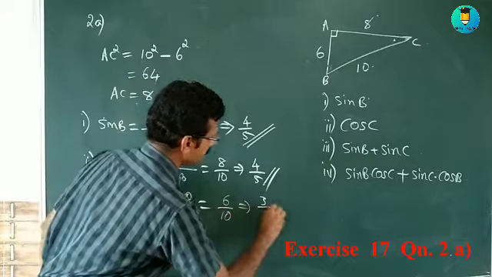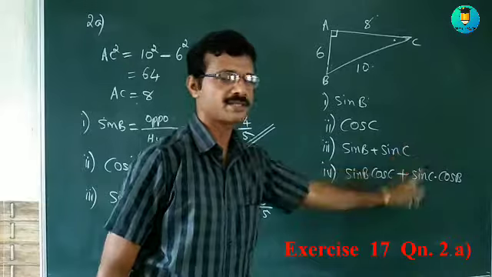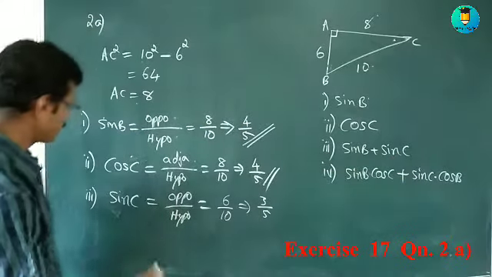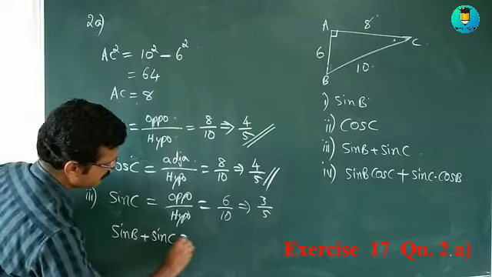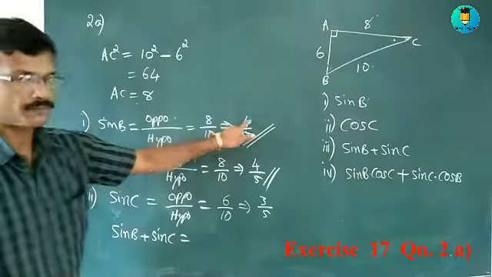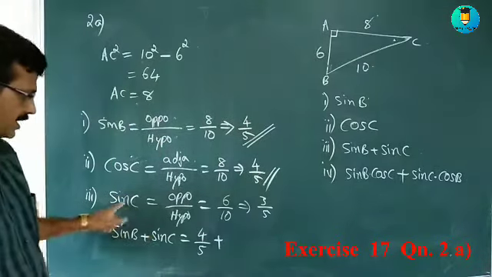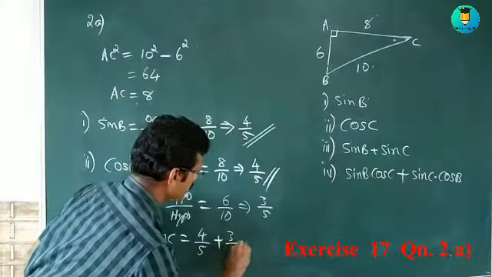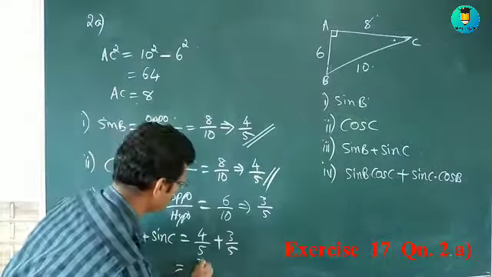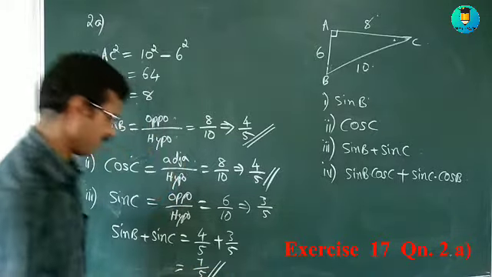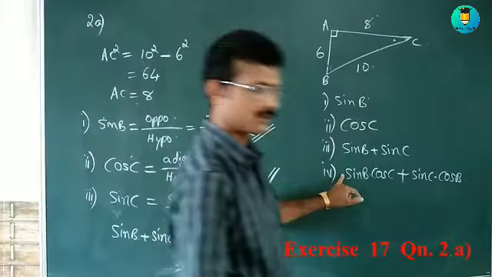This is equal to 3 by 5. That is sin C. Now sin B plus sin C is sin B, which we calculated as 4 by 5, plus sin C, which we calculated as 3 by 5. So if you simplify, it is 7 by 5. That is sin B plus sin C. This is the third part. Now fourth part.